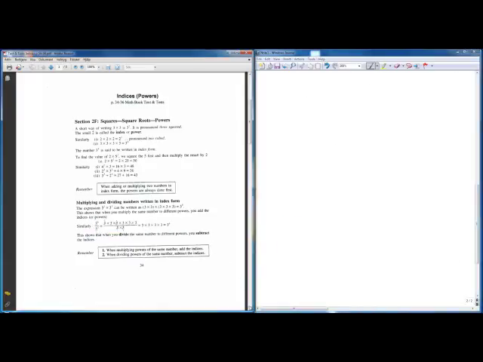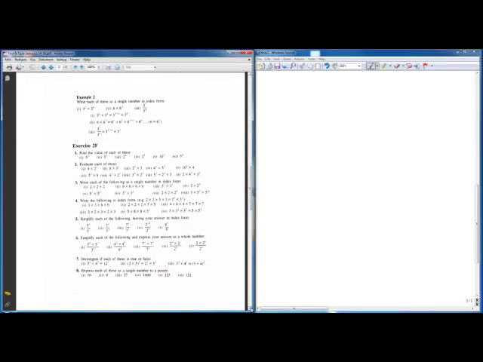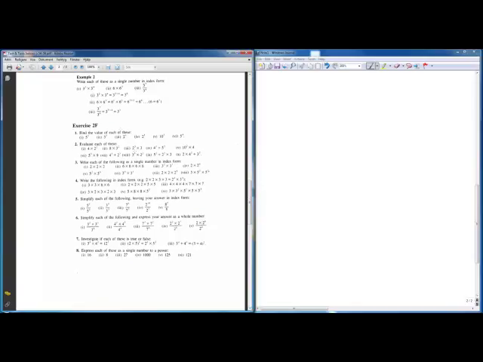So let's move on. Here they have an example. Write each of these as a single number in index form. Okay, so let's look at these examples. We have 3 index 2 times 3 index 4.